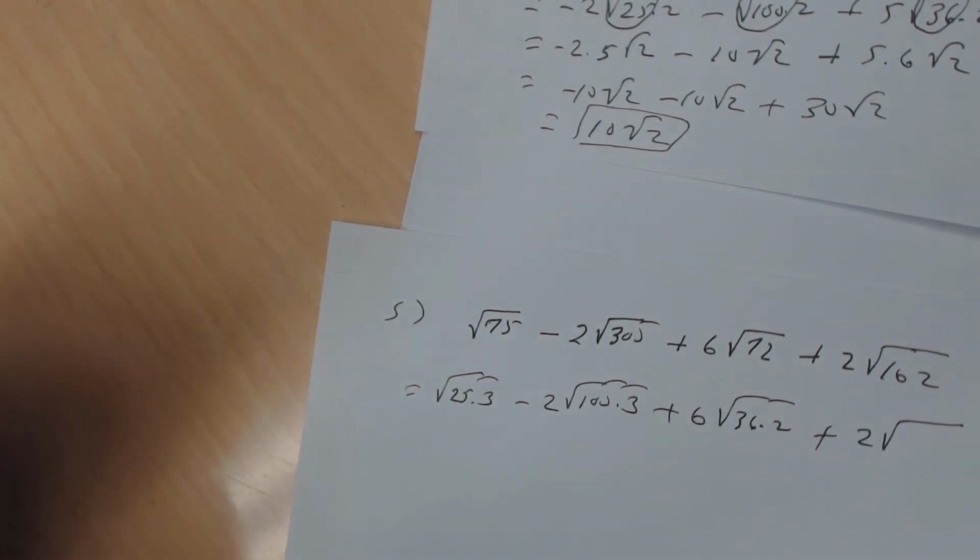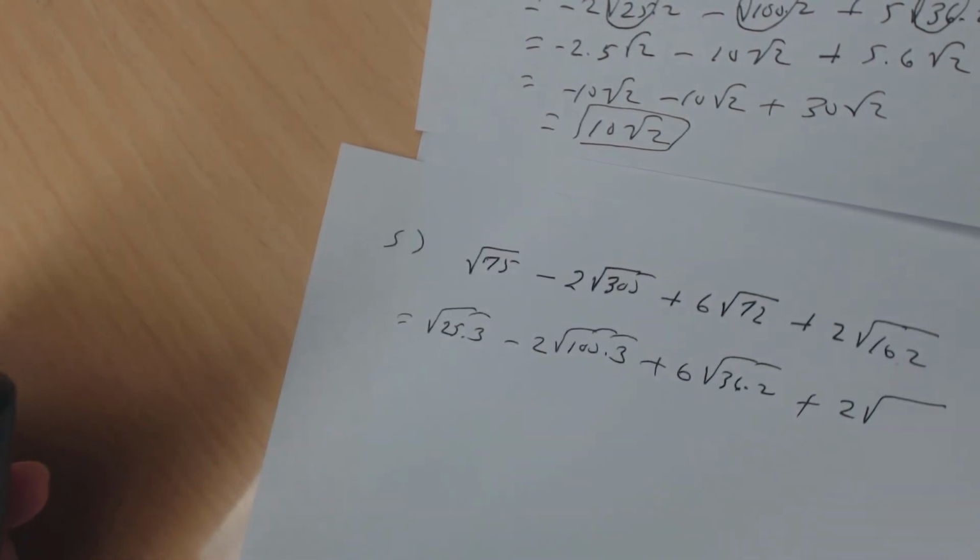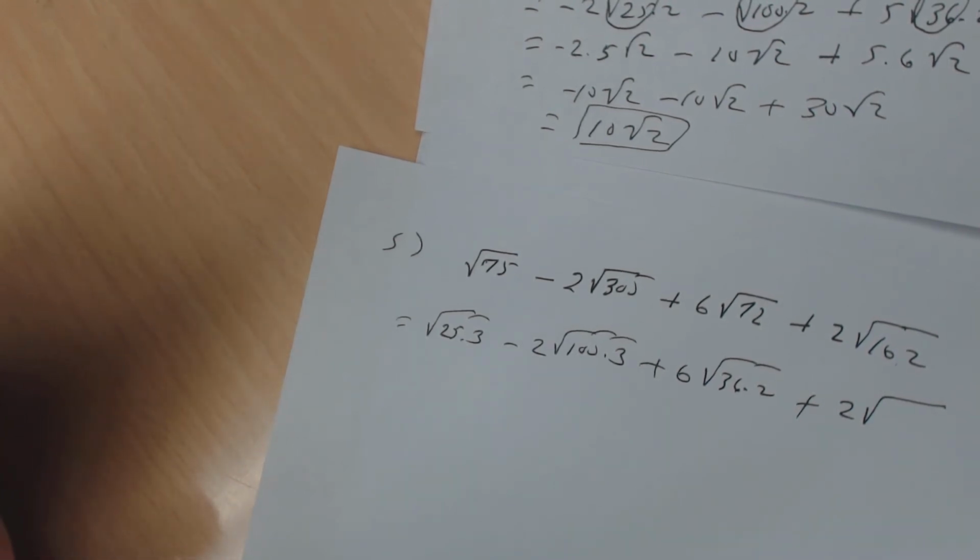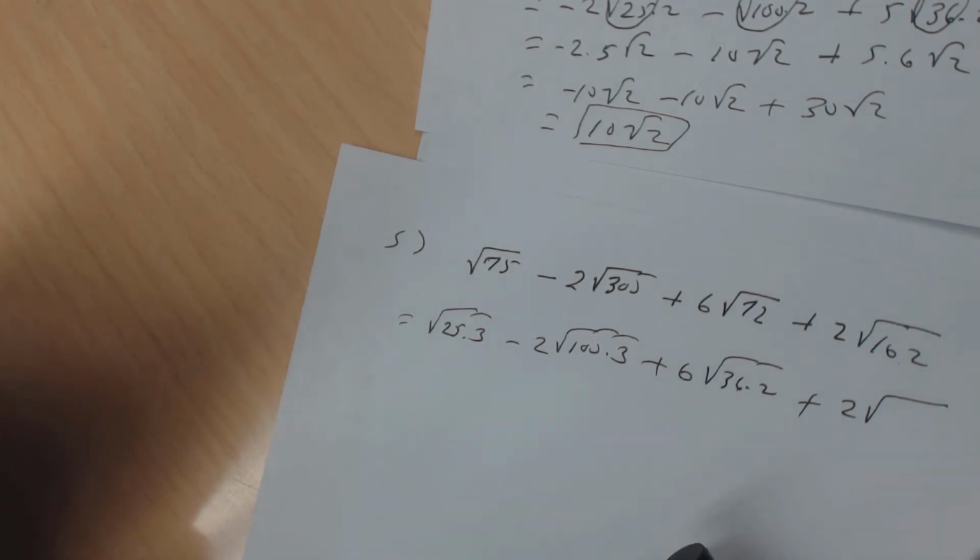Now 162, let's see if 4 goes into this. So that's a big number, so you may want to do this. Let's try 16. 162 divided by 16.